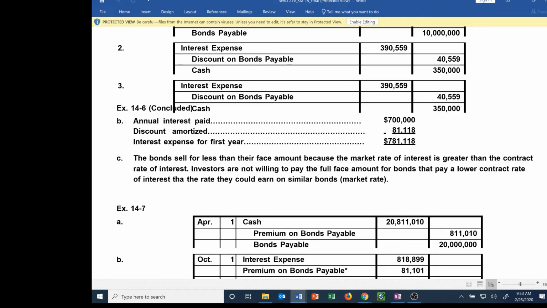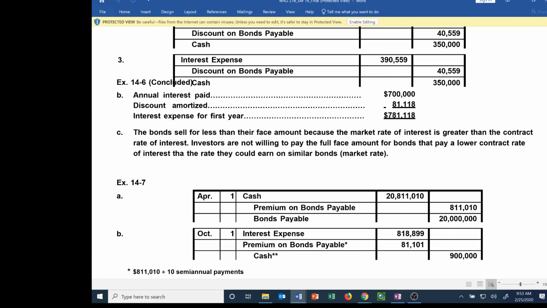I don't know, I may be wrong. What was the interest rate? Is it 8, 9, what is it? 8%. All right, so what is half of 8? And then 4% of 20 million is?